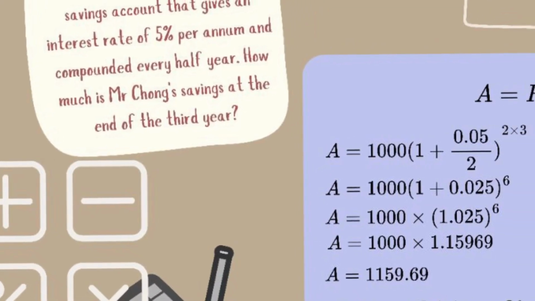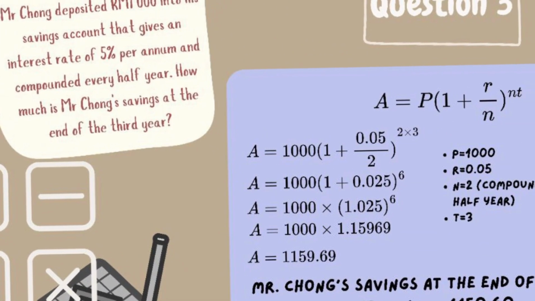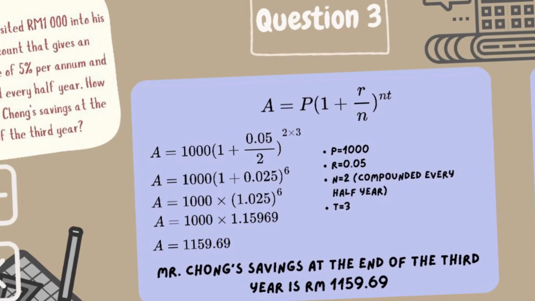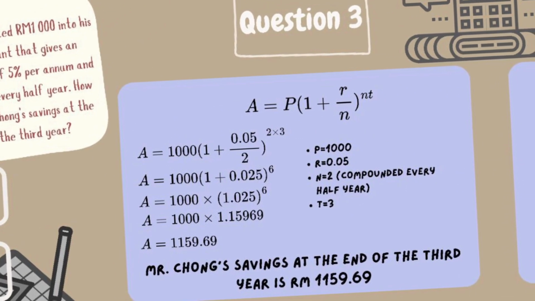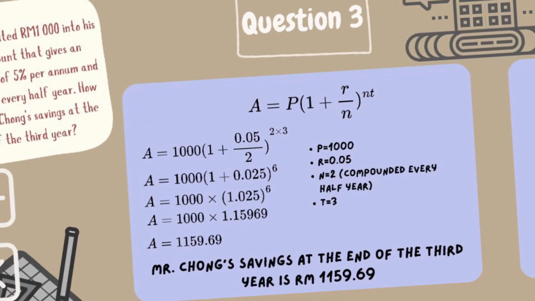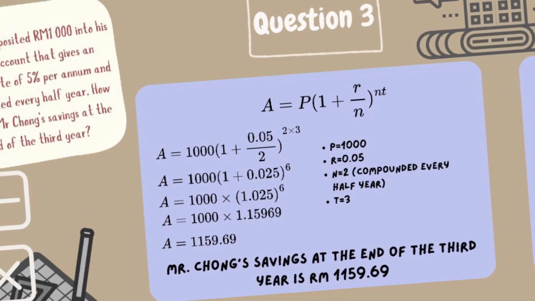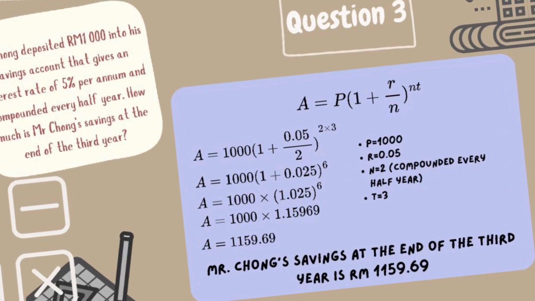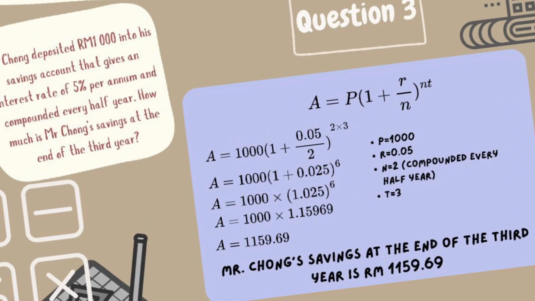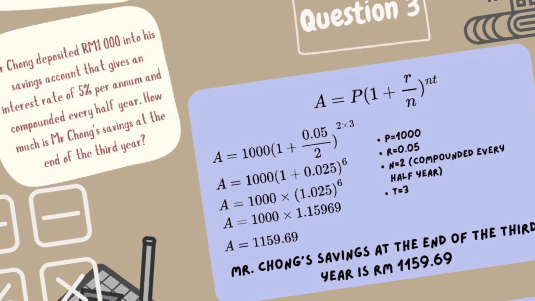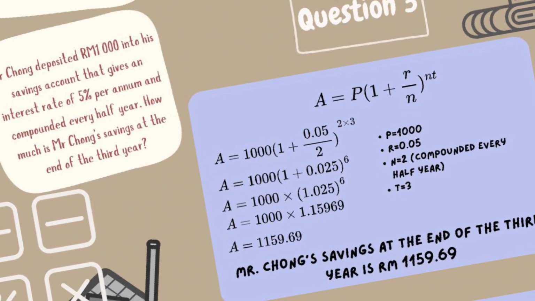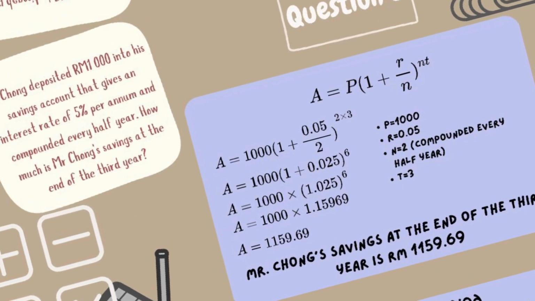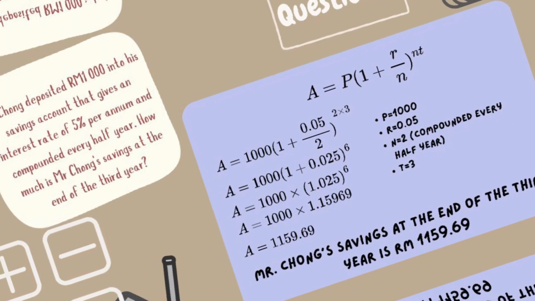Mr. Chong deposited Rm 1000 in a savings account with 5% annual interest rate compounded every 6 months. To find his savings after 3 years, the compound interest formula is used. A equals P (1 plus R over N) to the power of N times T, where P equals 1000 initial deposit, R equals 0.05 interest rate, N equals 2 compounded semi-annually, T equals 3 years.